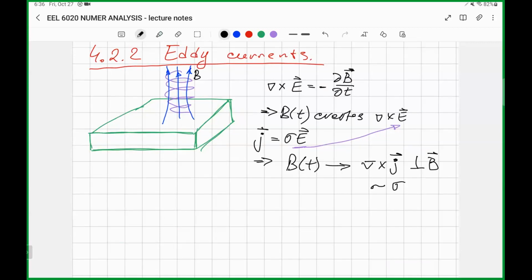Okay, so I don't want to derive any formulas here. Instead, let us go to ANSYS HFSS and simulate such a system.